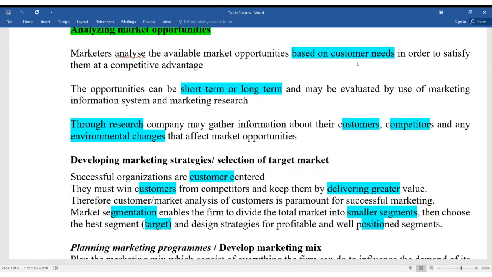So the analysis of opportunities are normally based on customers' needs. They can be short-term or long-term, and they can be done through marketing research, researching on customers, research on competitors, and all environmental issues or changes.